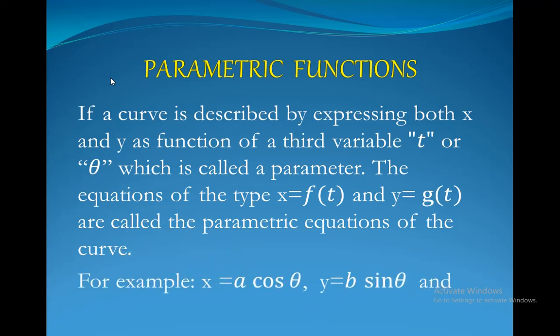Example, x is equal to a cos theta, y is equal to b sin theta. In this example, theta is the parameter. Second example, x is equal to at square, y is equal to bt. In this example, t is the parameter. Both x and y in this example are expressed in the form of t.